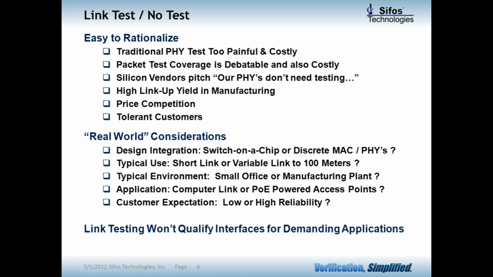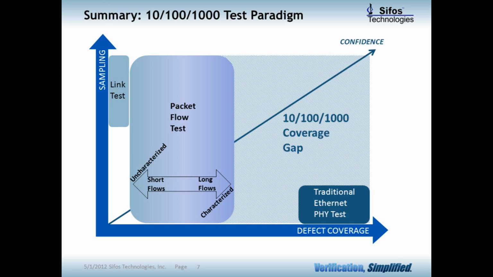The bottom line is that successful link test is not a measure of performance and could never assure performance over all of the applications, environments, and conditions under which 10, 100, 1000 base T links are intended to operate. Let's summarize the 10, 100, 1000 base T test paradigm graphically, plotting defect coverage and sample size.